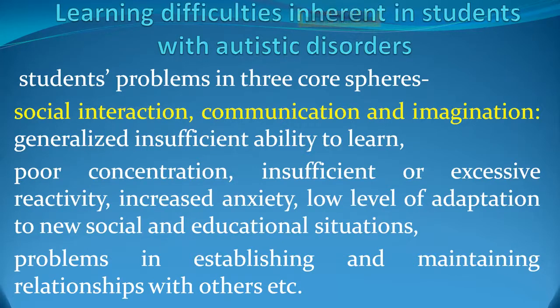The most essential of them include generalized inefficient ability to learn, poor concentration, unawareness of dangerous situations, increasing anxiety, low level of adaptation to new social and educational situations, and many others.